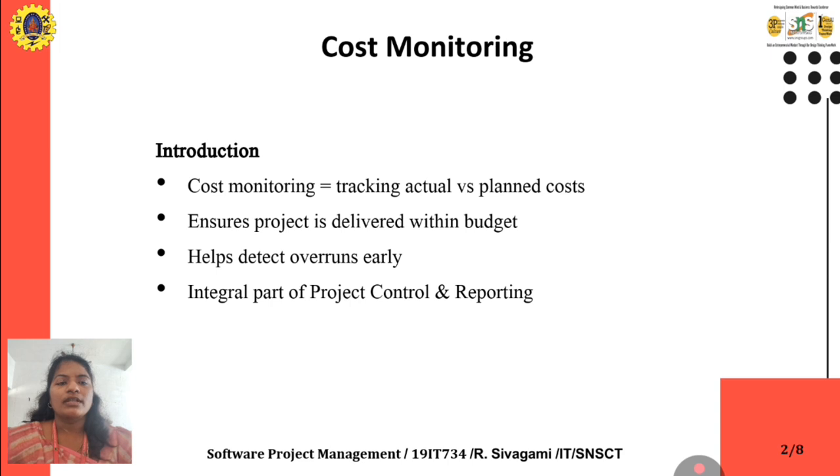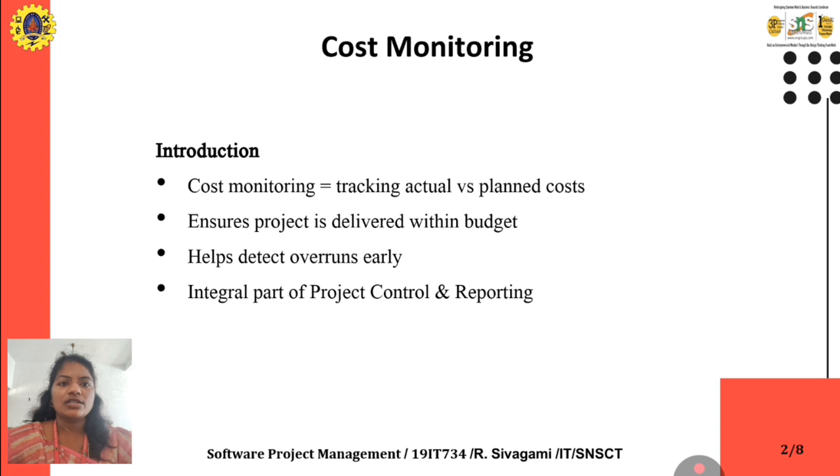Cost monitoring is equal to tracking actual versus planned cost. Before the project starts we have planned how much cost we have to spend for this project. But after the project completion it will show a different amount from our planned cost.